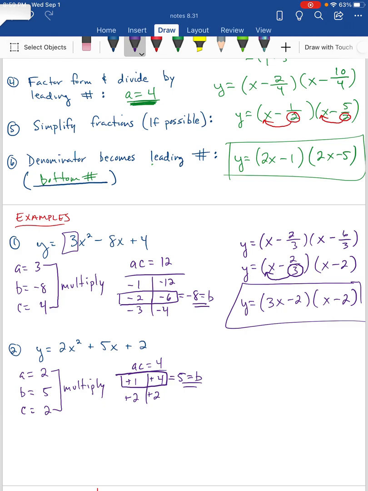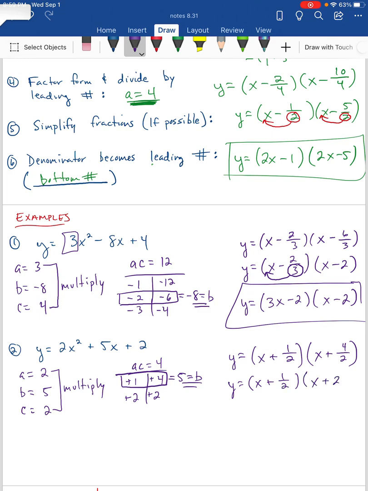So writing in its factored form, I get y equal to x plus 1 over 2, since that is my leading number, and x plus 4 over 2, since again I need to divide by my leading number. Now the first parentheses does not change because 1/2 is already simplified.